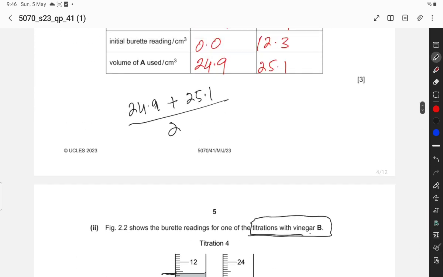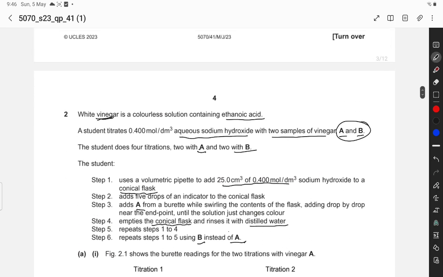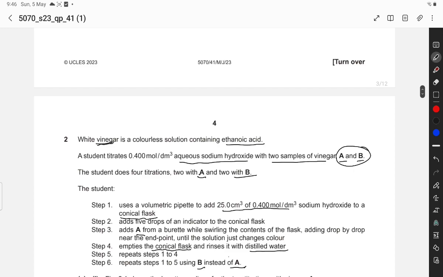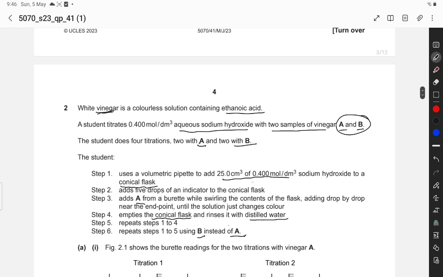Look here: use a volumetric pipette to add 25 cm³ of 0.400 mol per dm³ sodium hydroxide to a conical flask.